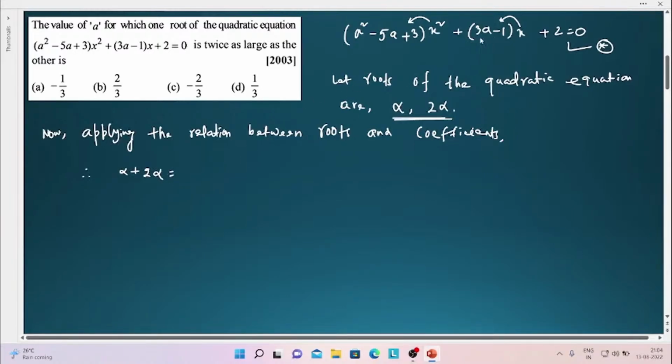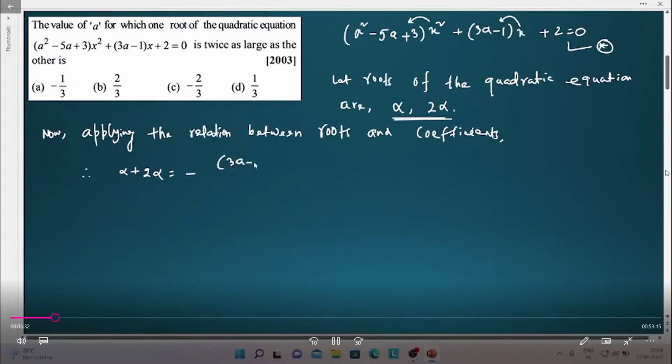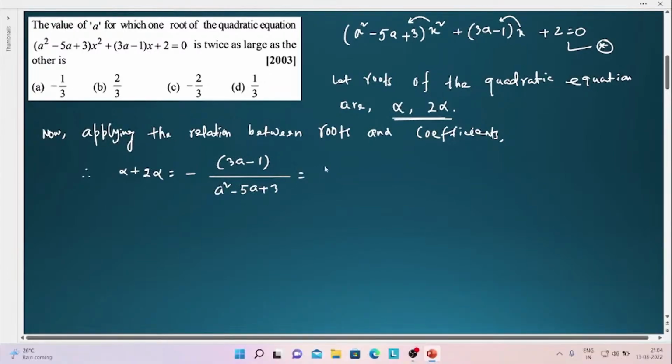Here instead of b we have 3a minus 1, and instead of a we have a square minus 5a plus 3. So we can write minus times 3a minus 1 upon a square minus 5a plus 3, so it will be 1 minus 3a upon a square minus 5a plus 3, right?